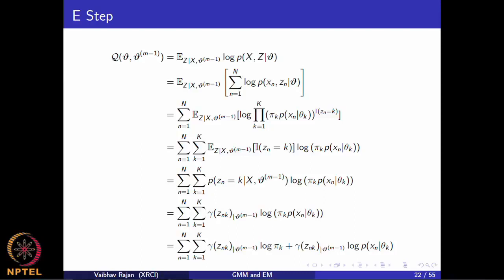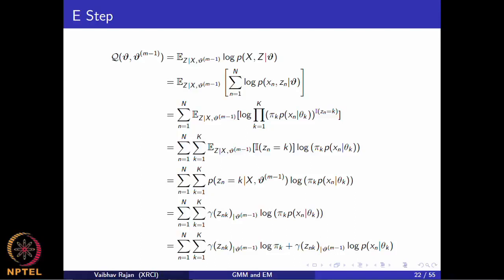Now, I can take this summation outside by linearity of expectations. So, the summation goes in, the expectation is here, and now this complete log likelihood can be written in this form, right. We can derive this formally, but intuitively it is very clear.